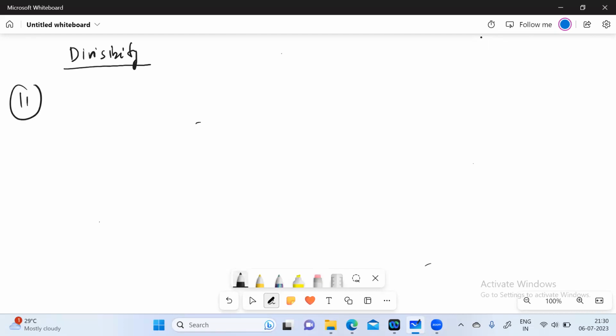So if a number is there like 729285092, and someone asks you whether this number gets divided by 11 or not, in this case you can take from either side, but it is better to take from this side only.